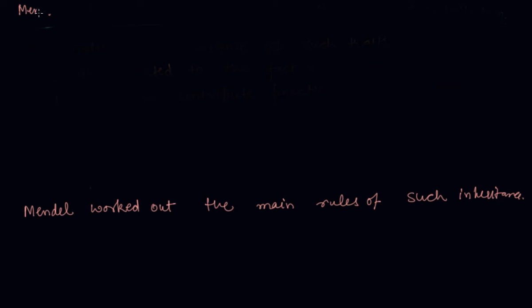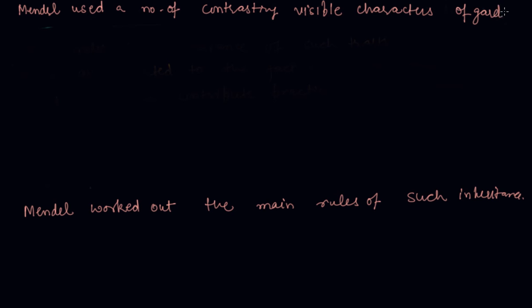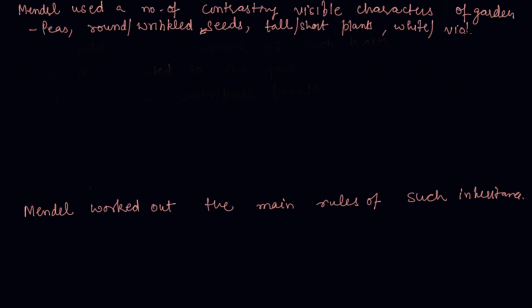Mendel used a number of contrasting visible characters of the garden pea: round or wrinkled seeds, tall or short plants, white or violet flowers, and so on.